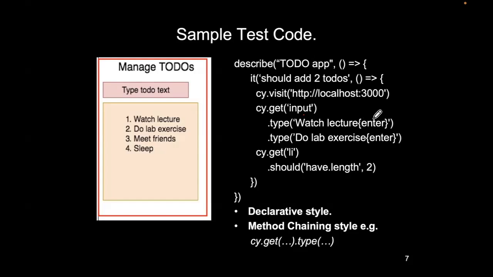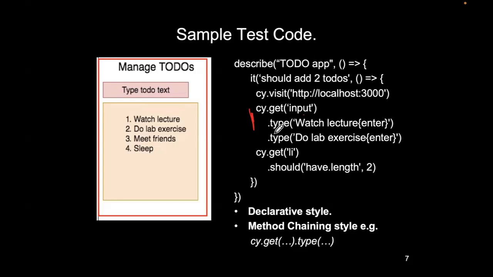The last bit here, the enter in curly braces, is how we indicate the typing of the return key. So this statement should type in watch lecture, and then watch lecture should appear down here after the enter key has been hit.